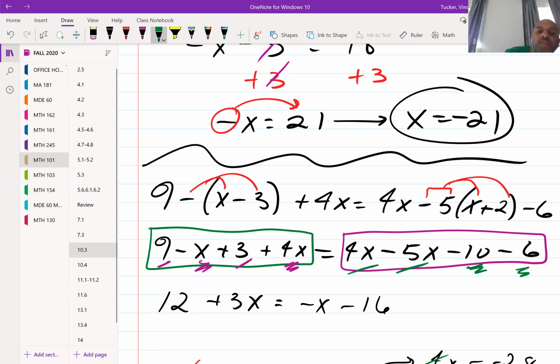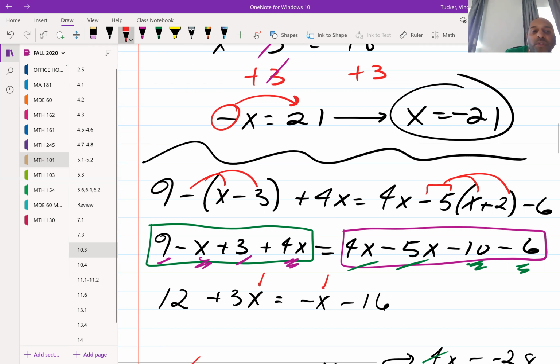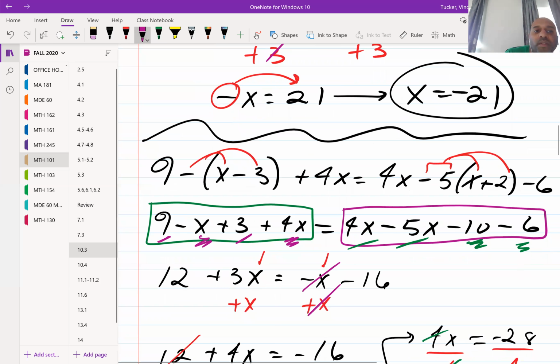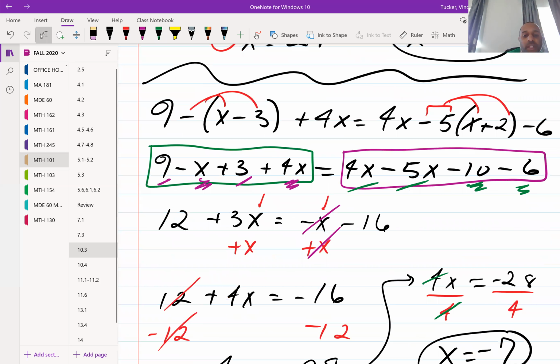All right, so once again, we have our variables in 2 different places, so we need to get all of those terms on the same side. Adding x to both sides, x is canceled on the right. Then I will subtract 12 from both sides to get the 12 to the right side.